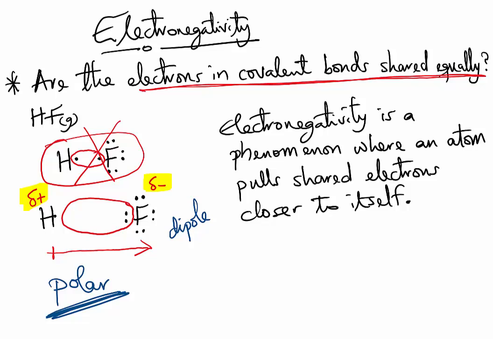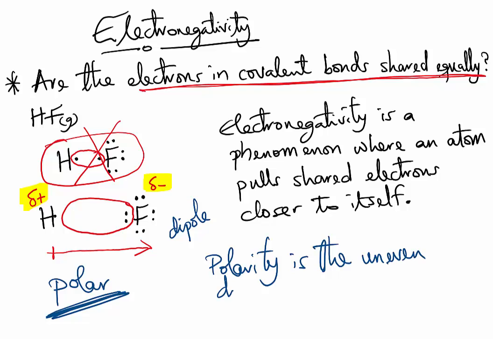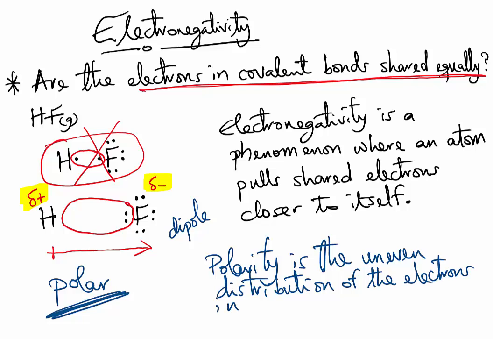So, what does it mean when we say something is polar? Polarity is the uneven distribution of the electrons in a molecule.